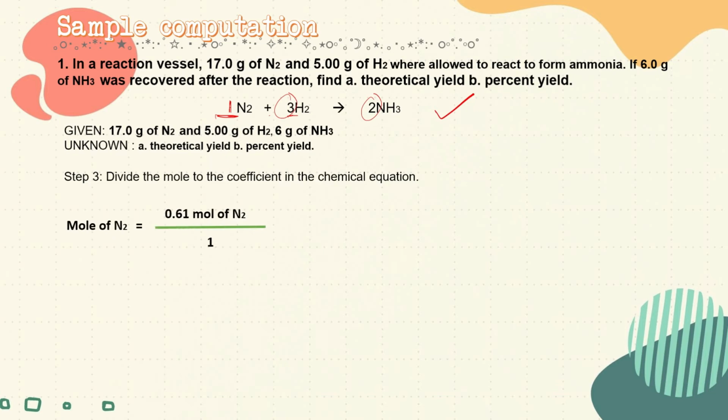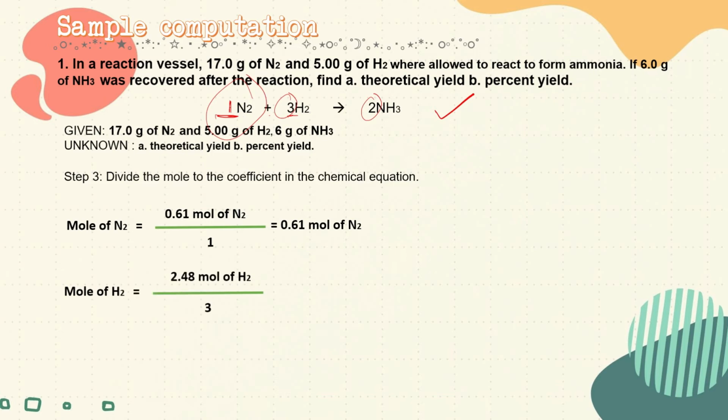So we have mole of nitrogen. The mole of nitrogen that we calculated in step 2 is 0.61 mole of nitrogen divided by 1, meaning to say meron tayong invisible 1 dito, yung coefficient. So that is equal to 0.61 mole of nitrogen.